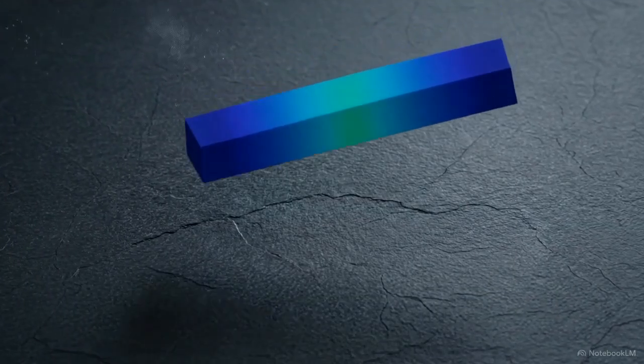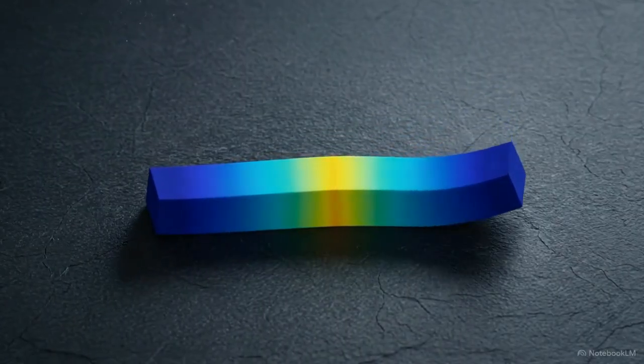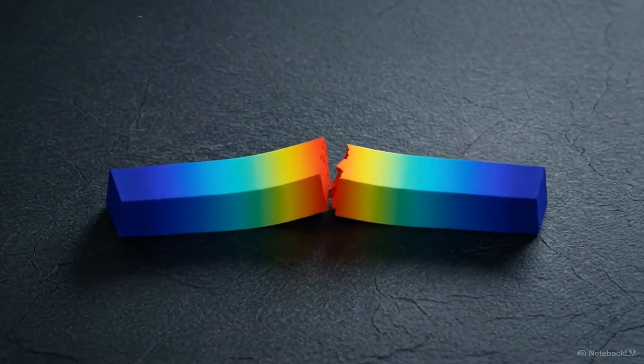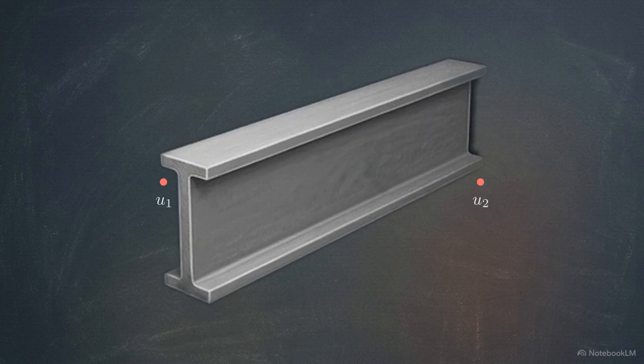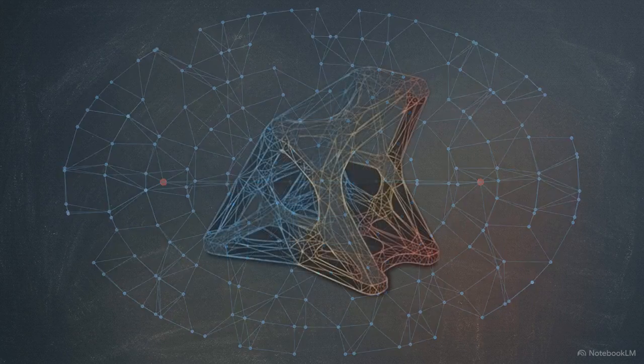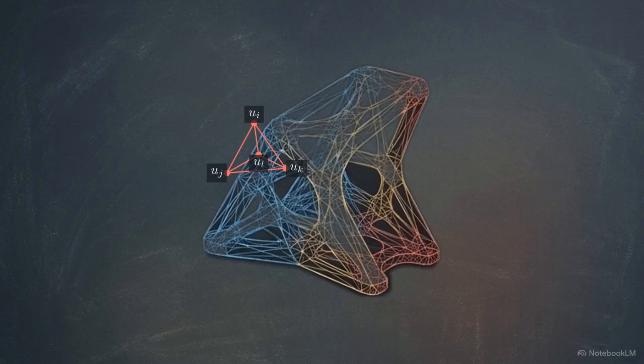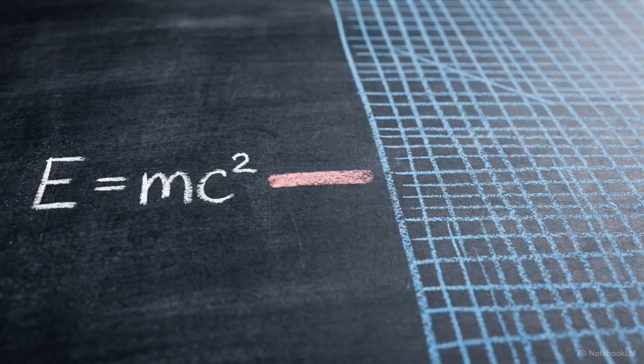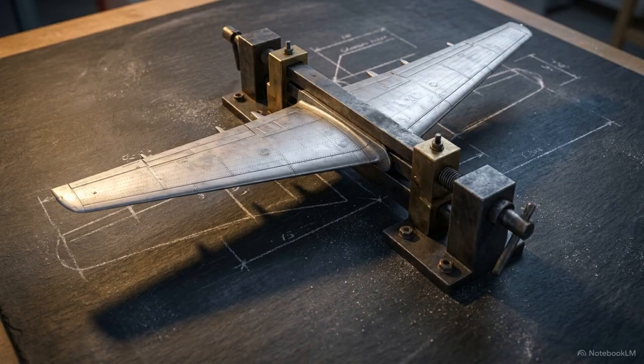These discrete numbers are then mapped back onto the geometry, visualizing the continuous physical behavior of the material under load. While we have explored this through a simple one-dimensional bar, the underlying logic remains the same for complex three-dimensional models. This sequence, moving from localized weighted residuals to a global assembled system, is the exact mathematical pipeline that makes modern structural simulation possible.